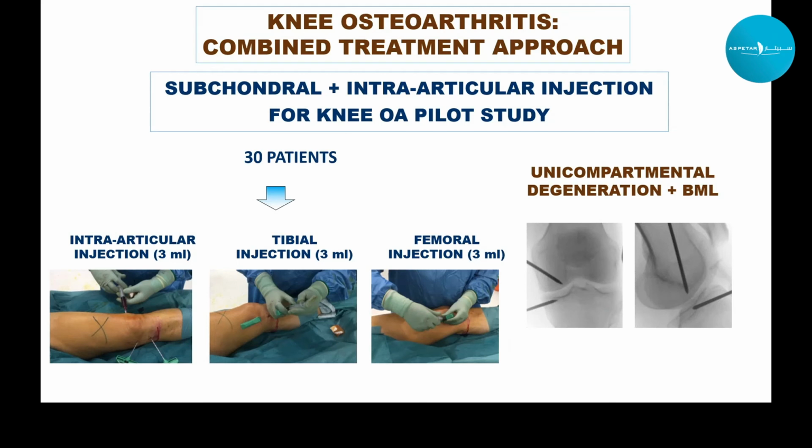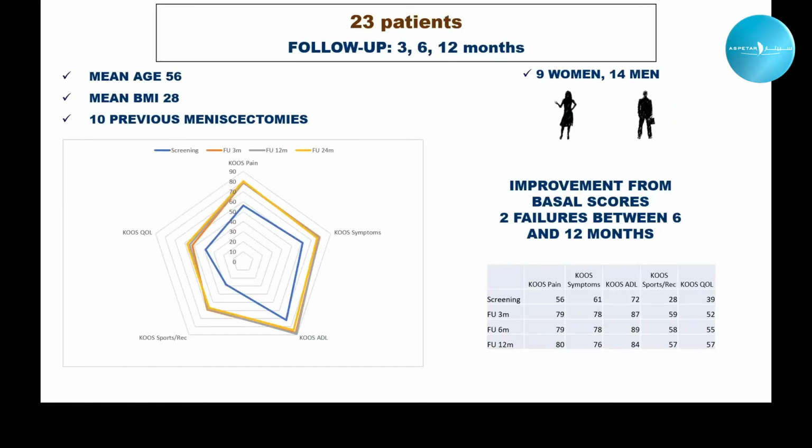This is a pilot study which we just completed and submitted to the journal Cytokines. These are the first results in these patients, with a follow-up up to 12 months in the first 23 patients.